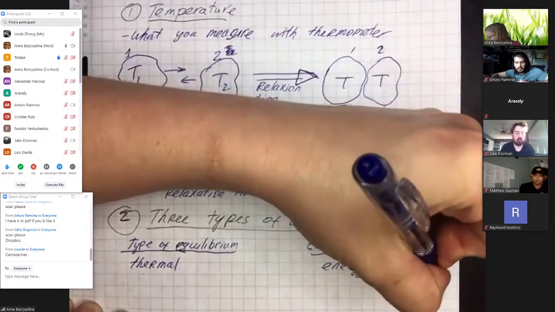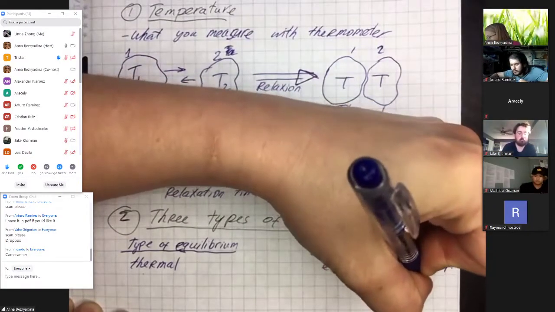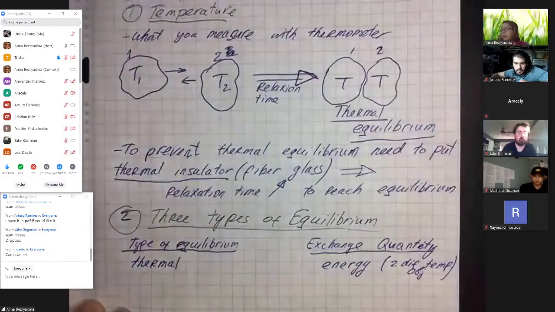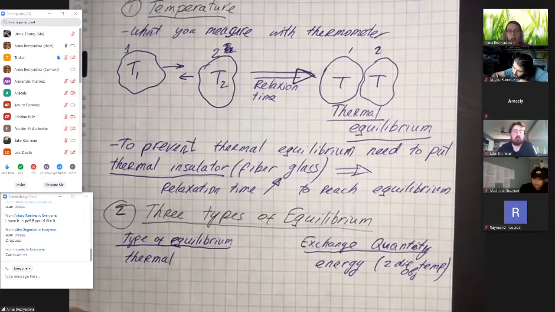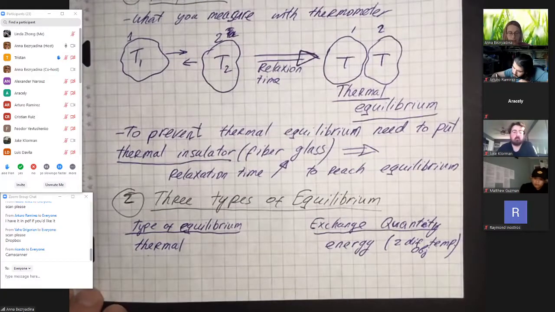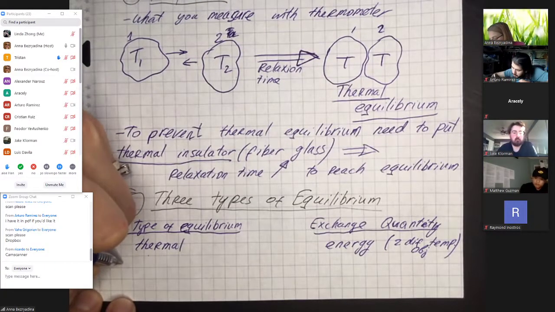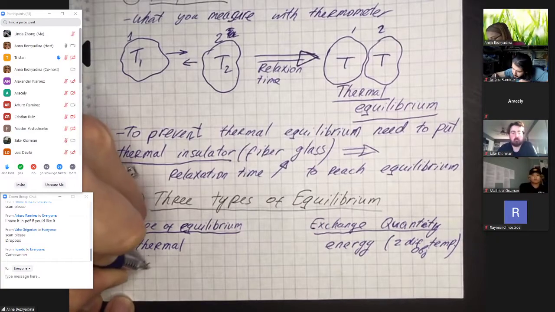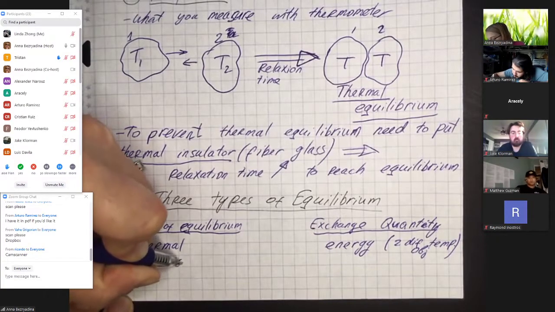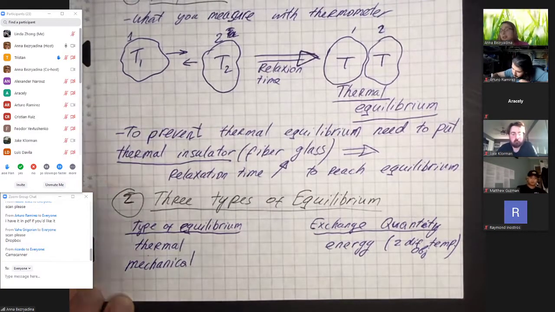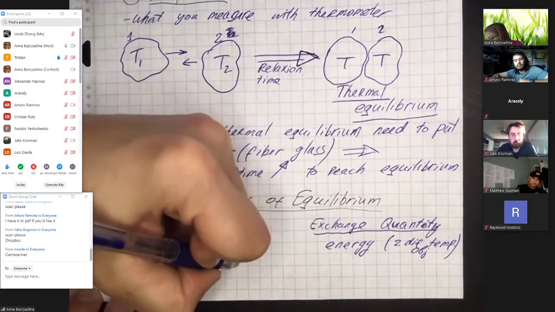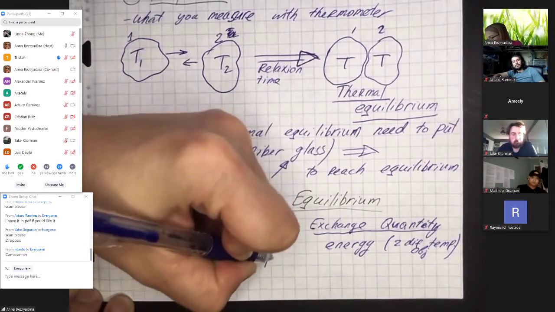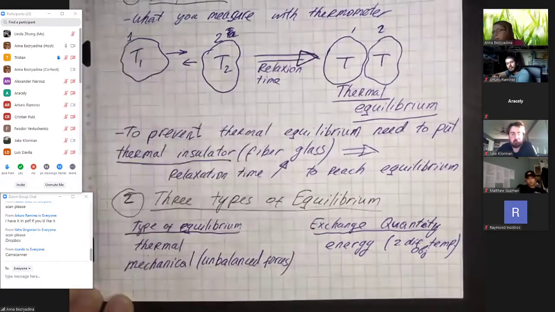Next one is mechanical equilibrium. Mechanical: unbalanced forces.